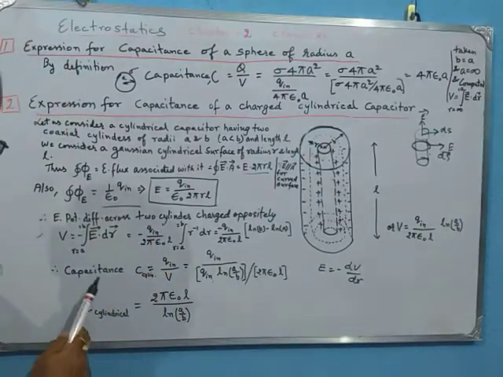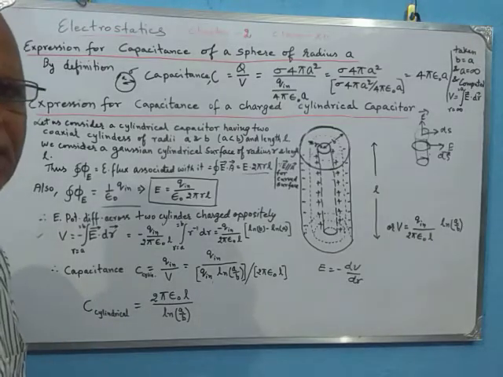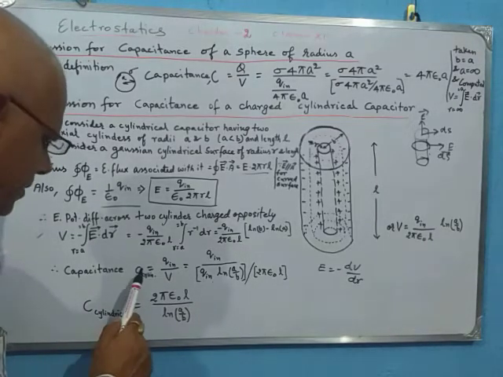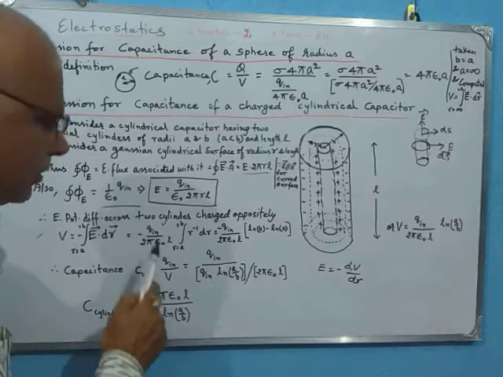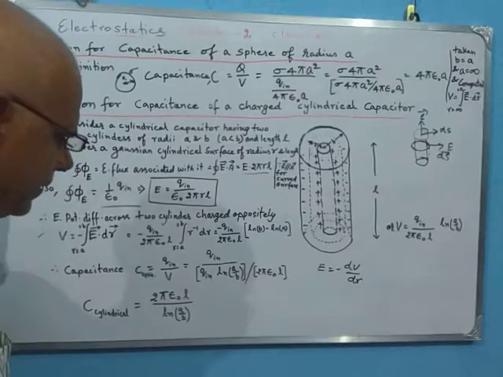Once we have this expression, we can find the capacitance of the cylindrical capacitor using the relation C equal to total charge by total potential difference.